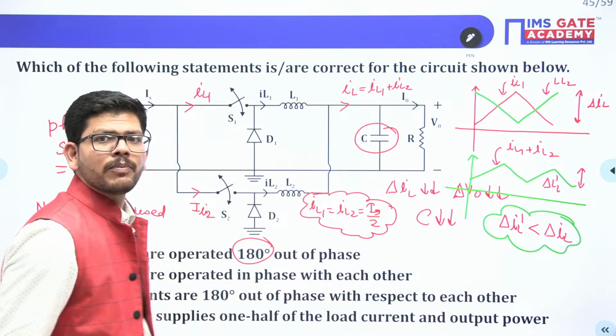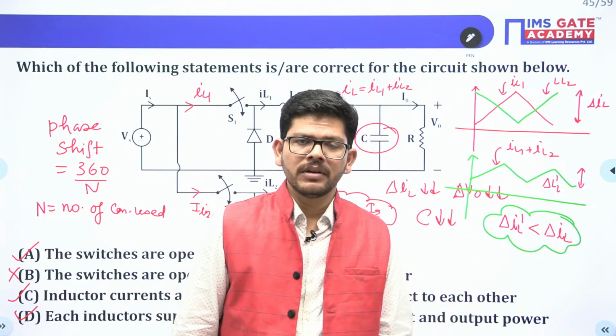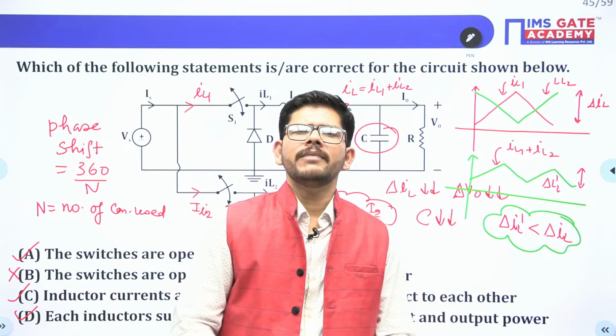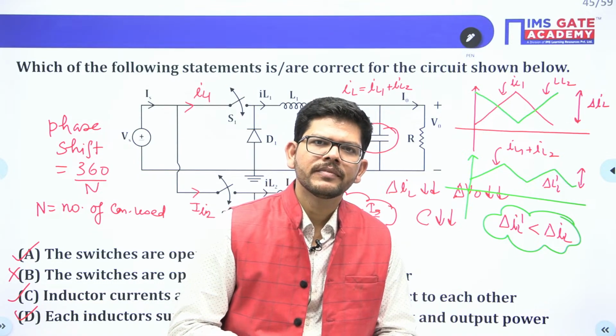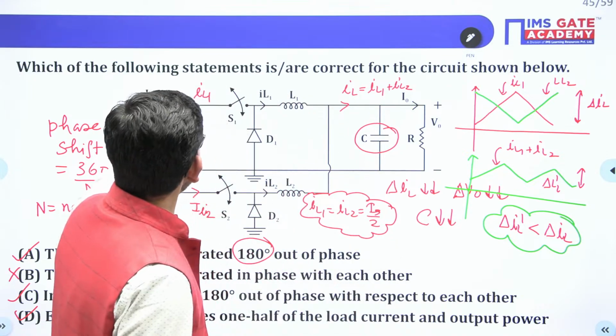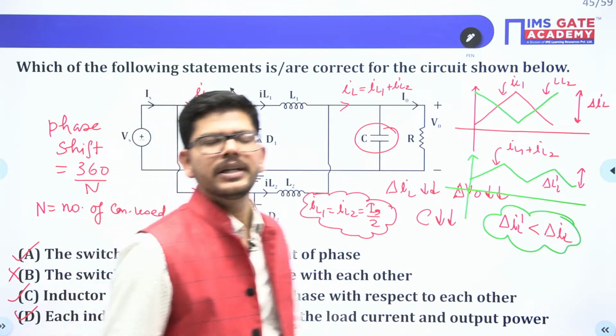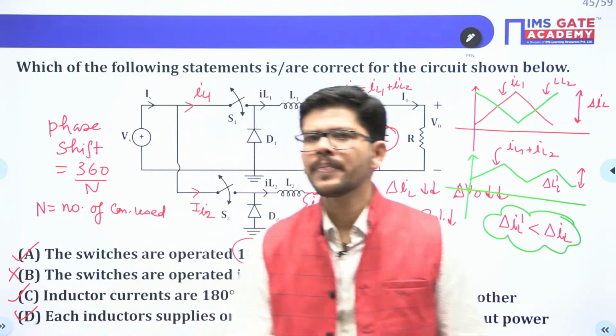If suppose we have used 4 converters, this should have been IS by 4. If we have used 6 converters, this would have been IS by 6. So your source current is equally dividing among the converters. That is what has been asked in option D. Is that clear?